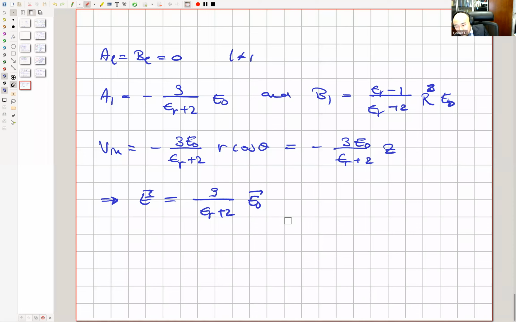In this case, just assume it's just causing a uniform field in there. You don't have to take into account the curvature, if that's the question you're asking.